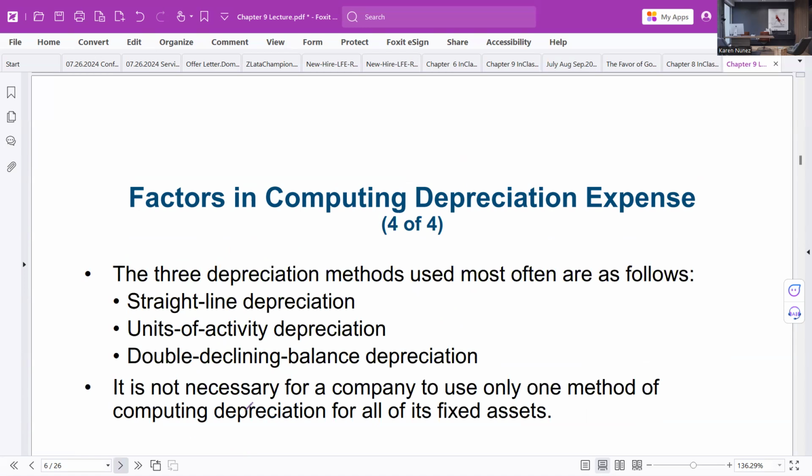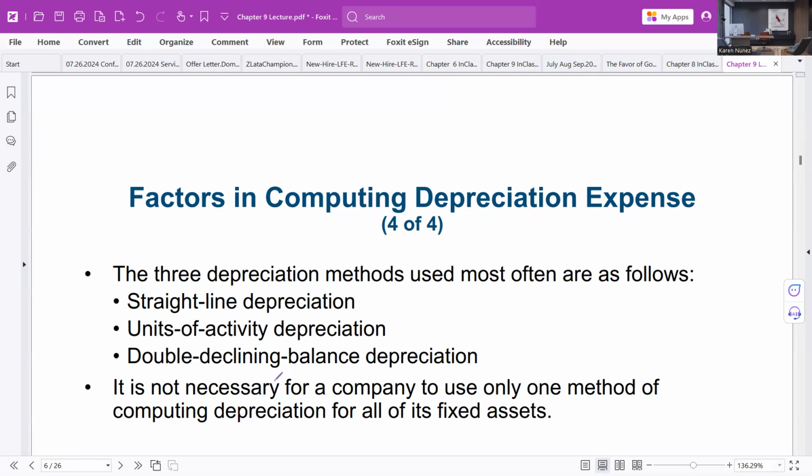There are three methods that we use to depreciate these fixed assets, and we'll look at all three in this chapter: the straight line depreciation method, the units of activity depreciation method, and the double declining balance depreciation method. Consistency is required in determining depreciation. That doesn't mean that you have to pick one method and use that method for all of your fixed assets.